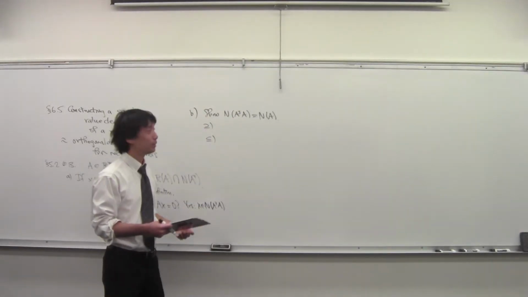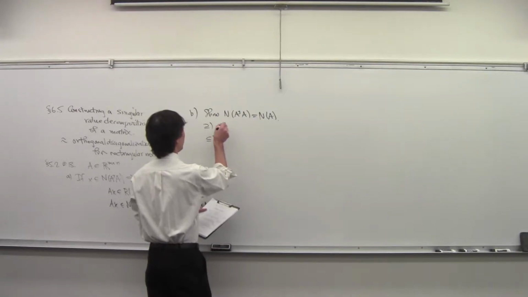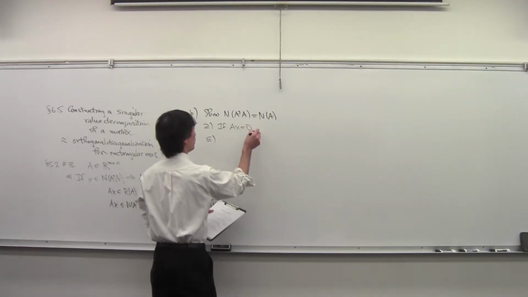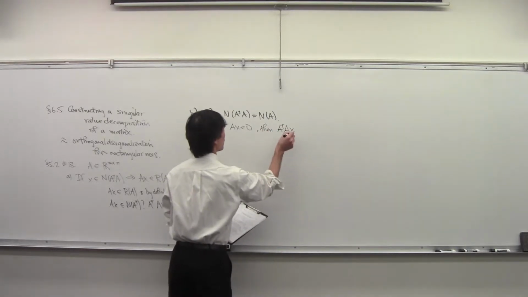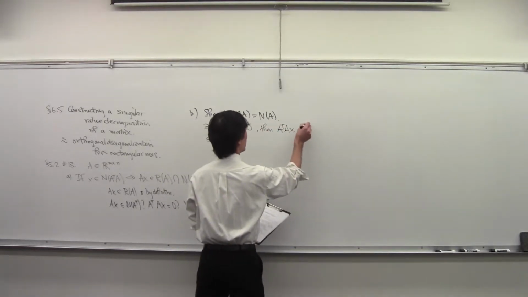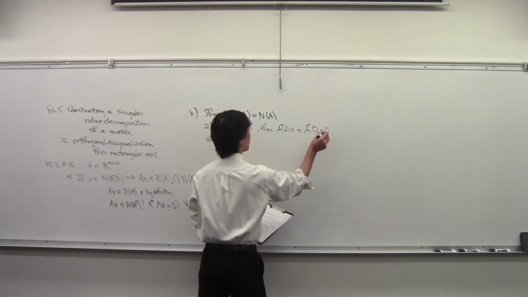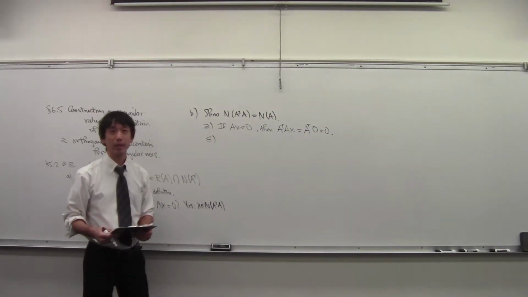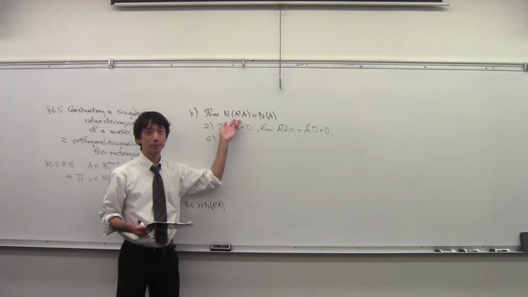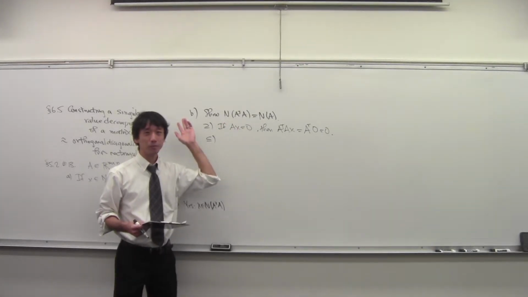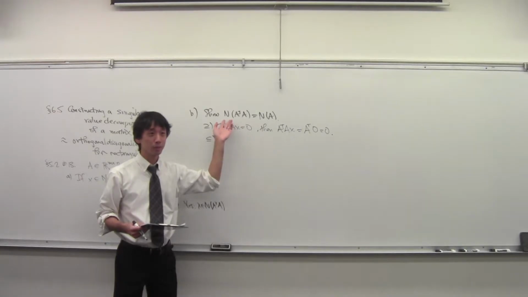Exactly. So certainly if AX equals 0, then ATAX is going to be AT times 0. So if you're killed by A, you're definitely killed by ATA.